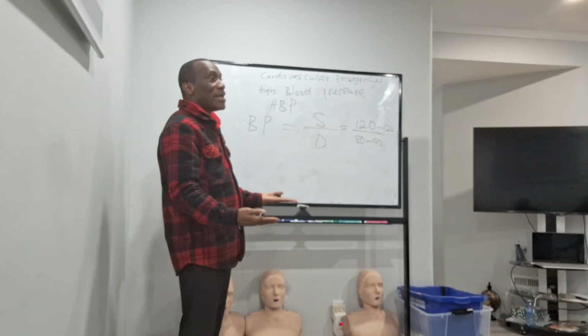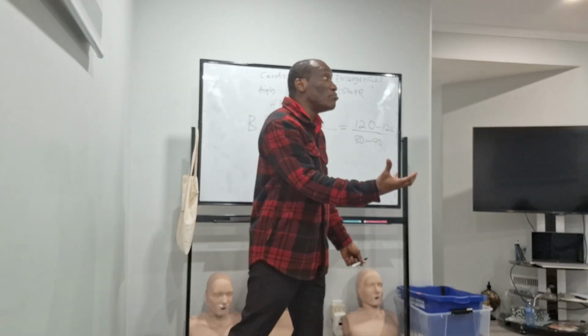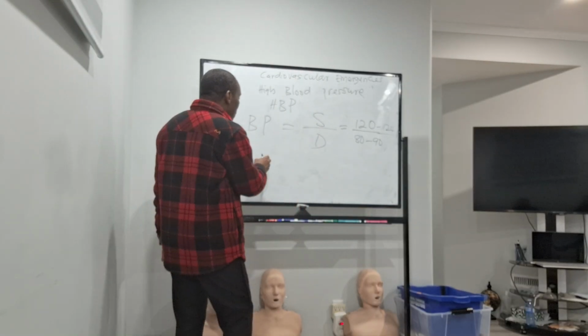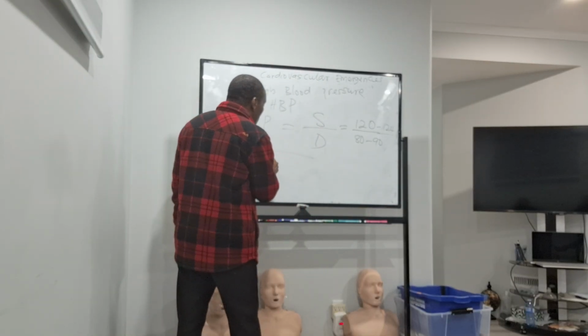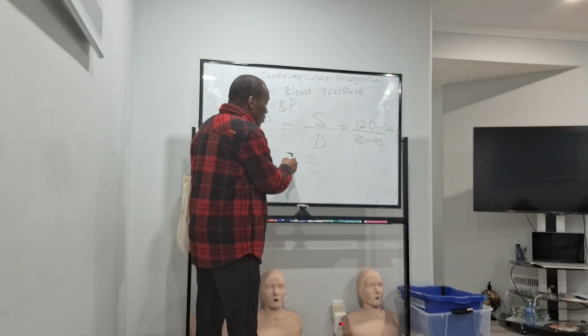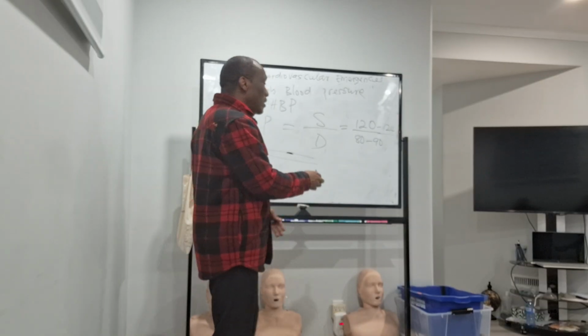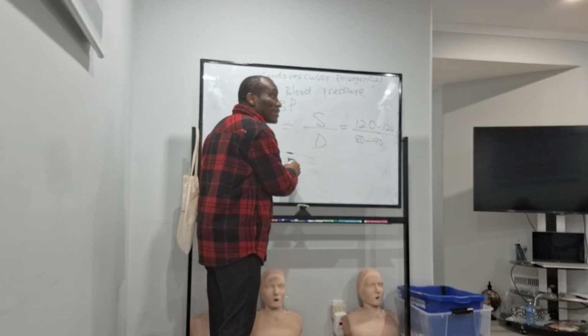And the reason why it is high is because the flow of blood is no longer smooth. So most of the time, people that have high BP, if you look at their blood vessels, there are a lot of what you call arteriosclerosis, okay? So that hardening of artery.